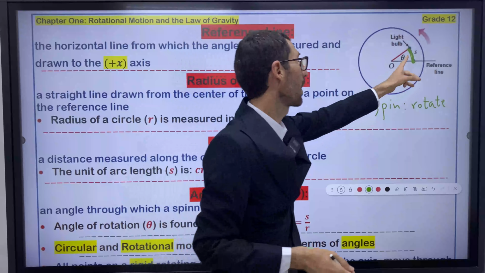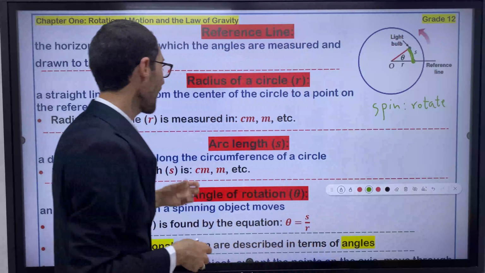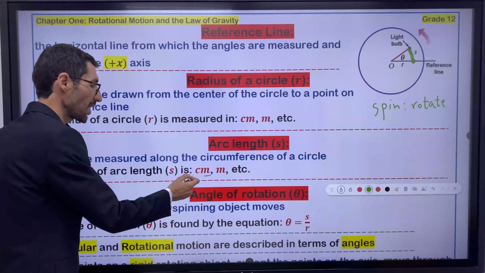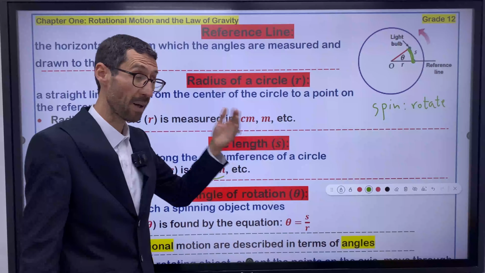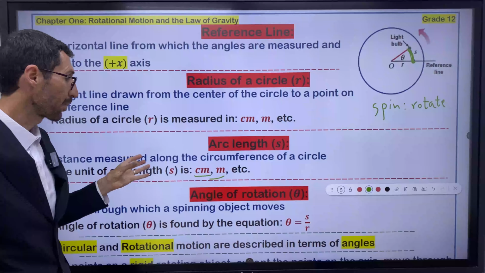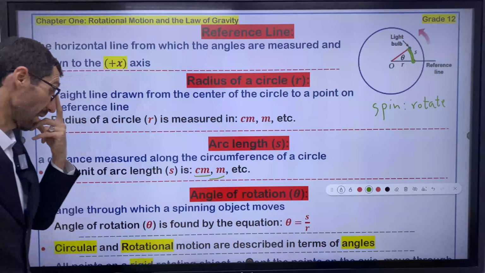This is called arc length, and we denote it as S, right? The unit of arc length is meter, centimeter, millimeter, etc. But because it's a distance, which one is valid in SI? Of course, meter is valid in SI.